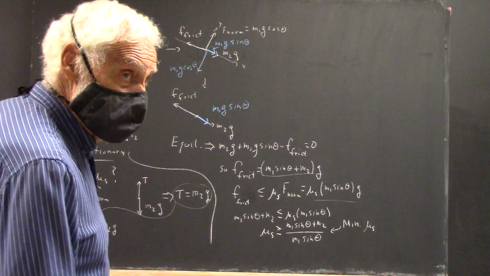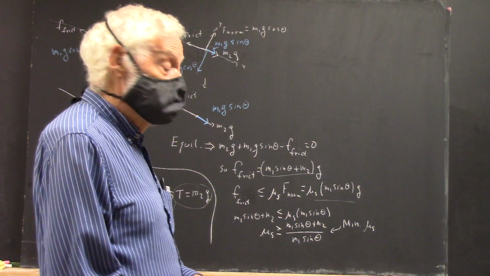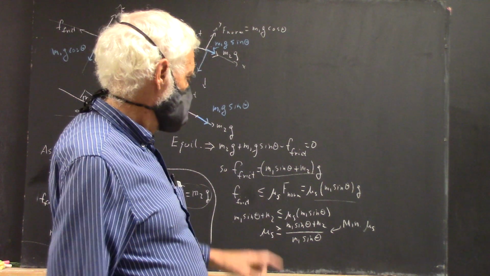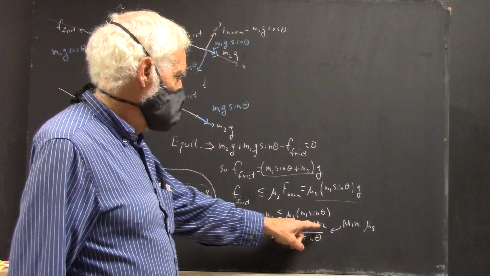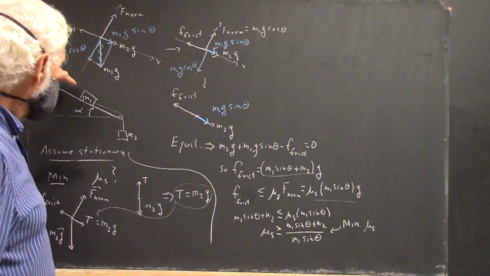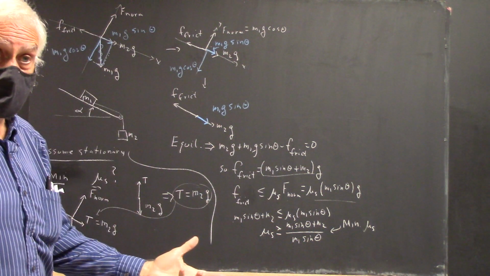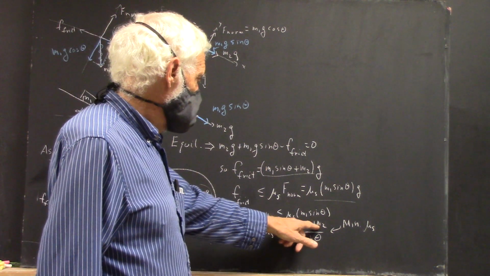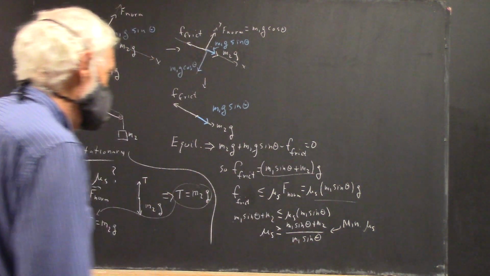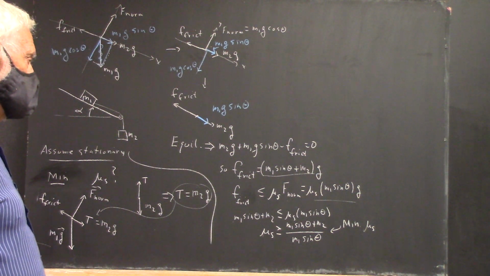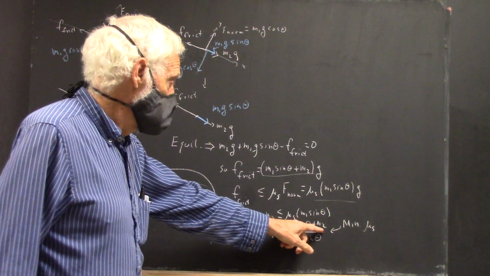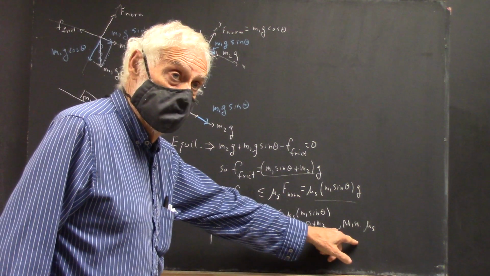Does this make sense? Well, one thing that makes sense is the bigger M2 is, the more friction you're going to need to keep this thing from sliding, right? So bigger M2 will result in a bigger minimum.